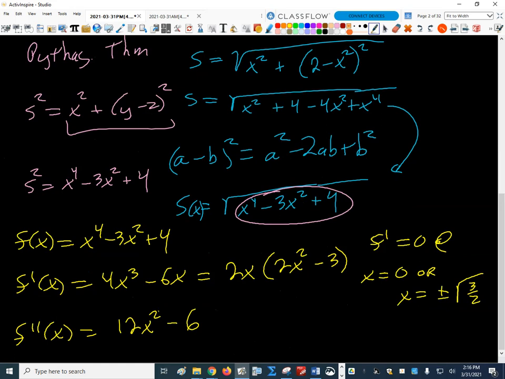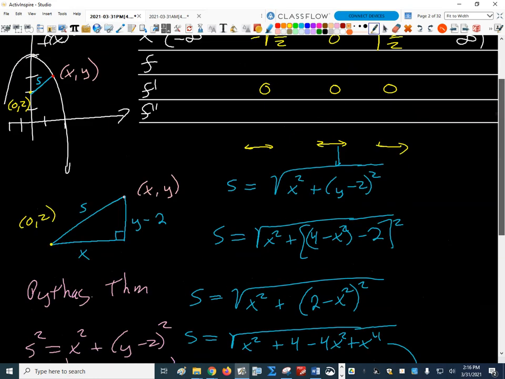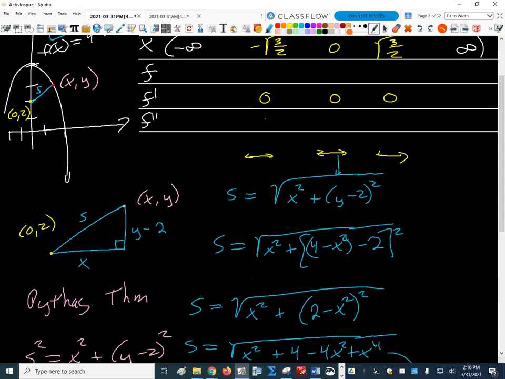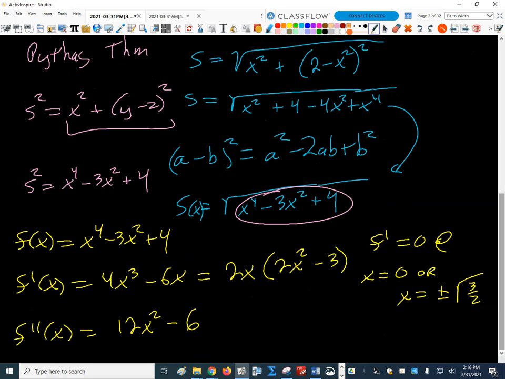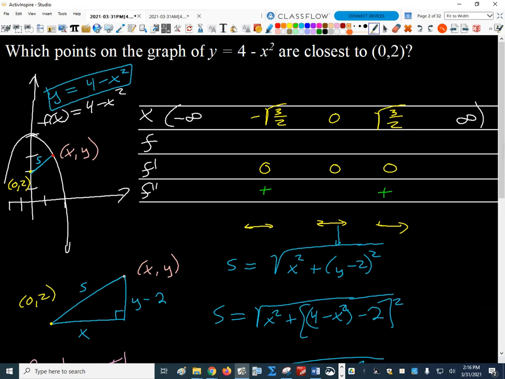Because when I square the square root of 3/2, I get 3/2. 12 times 3/2 is a lot bigger than 6. So I'm getting positive second derivatives here and here. And if I plug 0 in for x, I'm getting -6. So I'm getting a negative second derivative there.